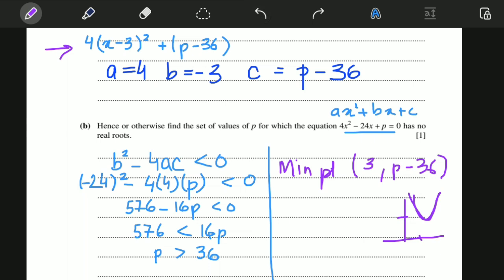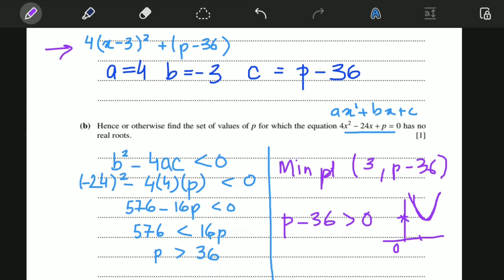Okay, so if this is 0, that means that your p - 36, this turning point, is not going to be smaller than 0. It should always be greater than 0, because there will not be any point of intersection.